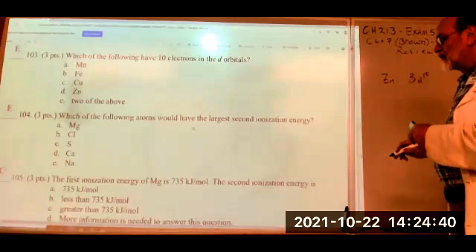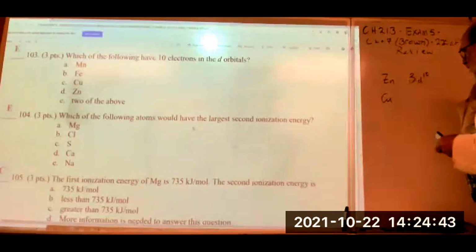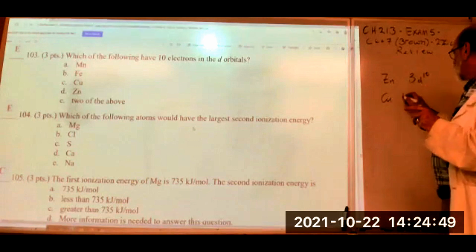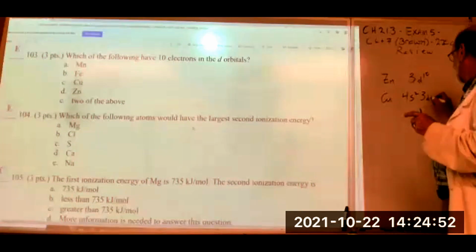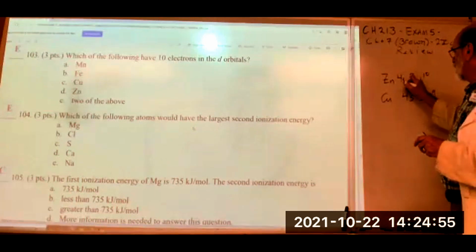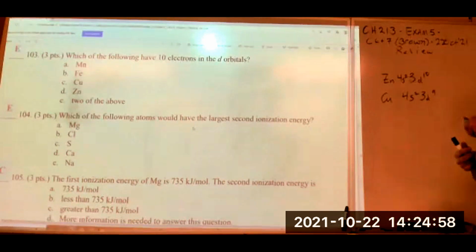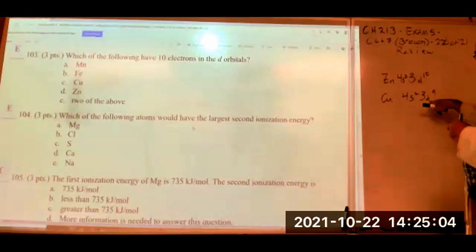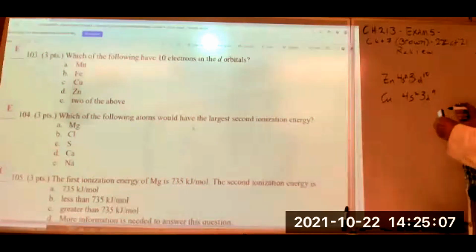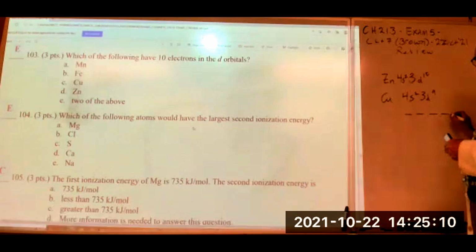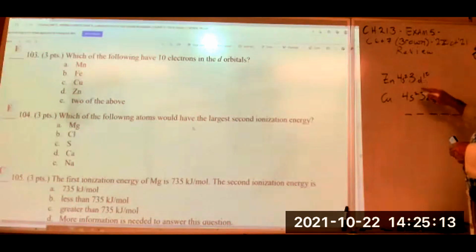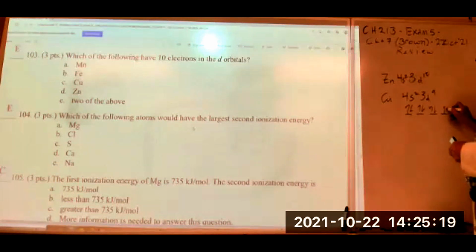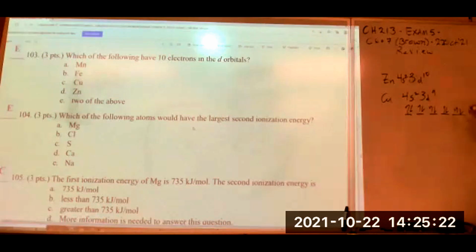But if you go back to copper, we would normally say that copper is 4s2, 3d9. And this would be 4s2 also. The way the energy levels work is the lower energy level, the d orbitals, which are 5 of them here, they would tend to be full. For this one, of course, it's obvious: there are 10 electrons there.